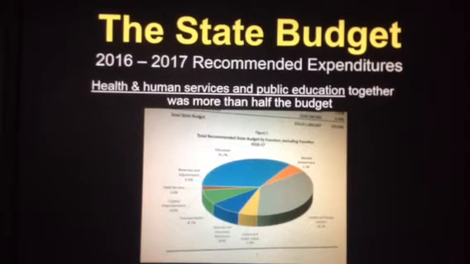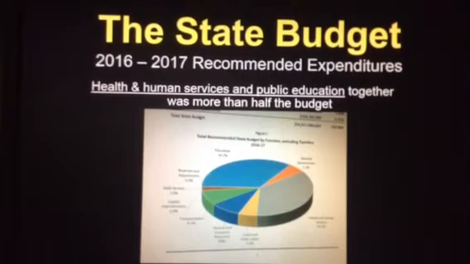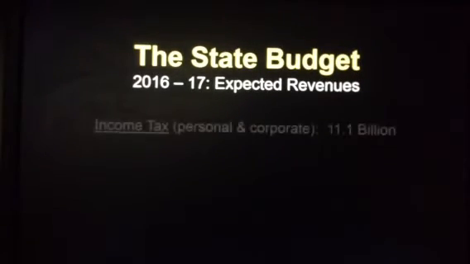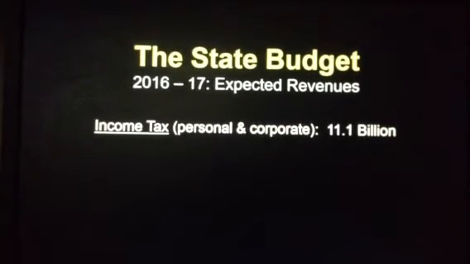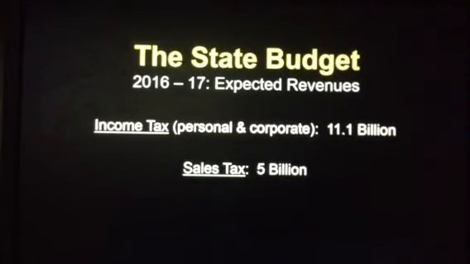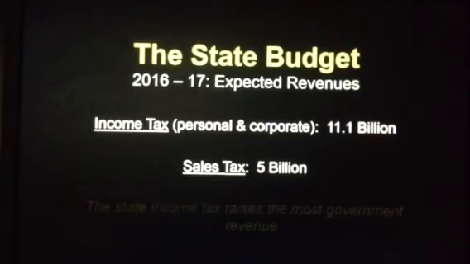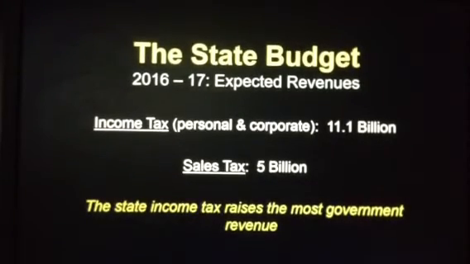Health and Human Services and public education together was more than half of the state budget. Income tax is the main revenue for the state of North Carolina. The sales tax brings in about half of what the state income tax brings in. The state income tax raises the most government revenue, state government revenue.